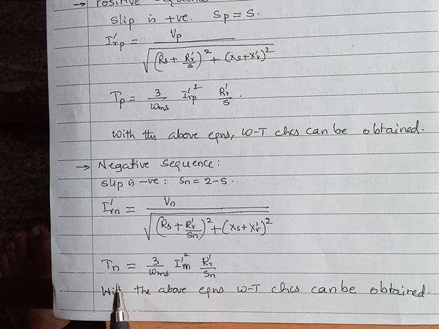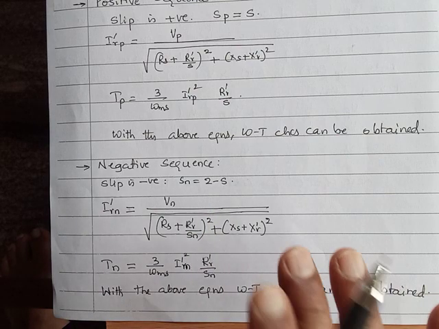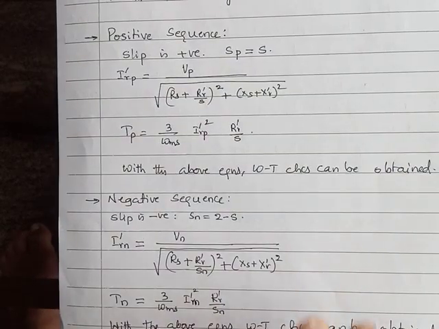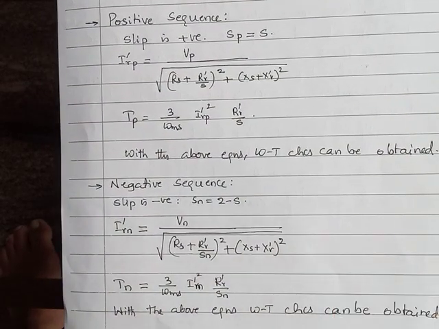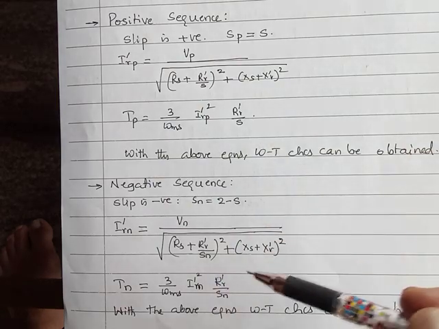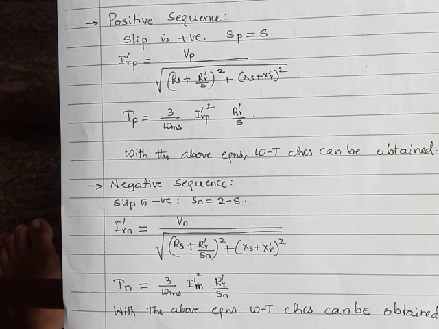So we can get the omega T characteristics with this torque equation, and this is the omega T characteristic for the negative sequence input. So that means we have the omega T characteristic for positive sequence as well as for negative sequence.